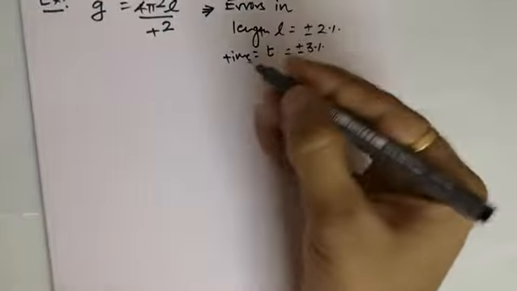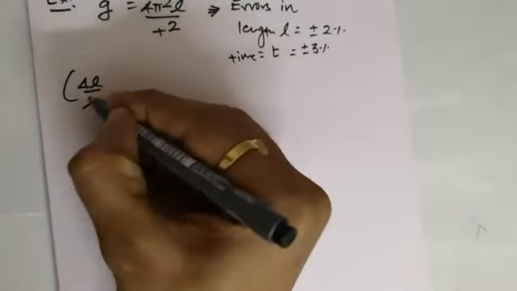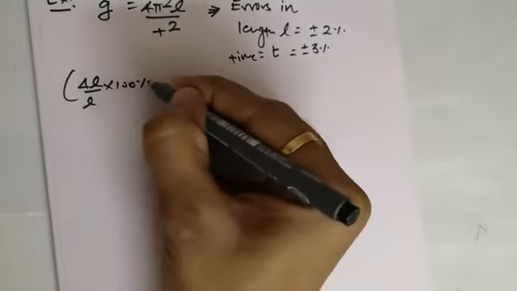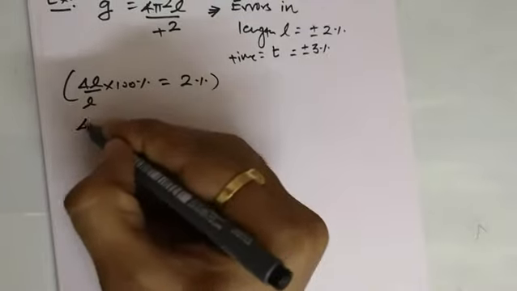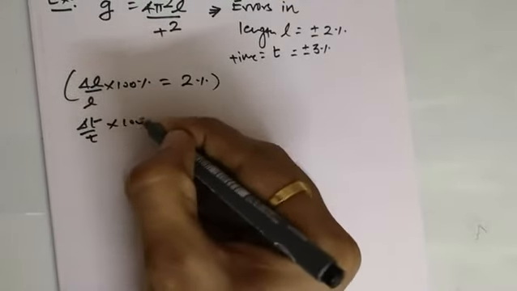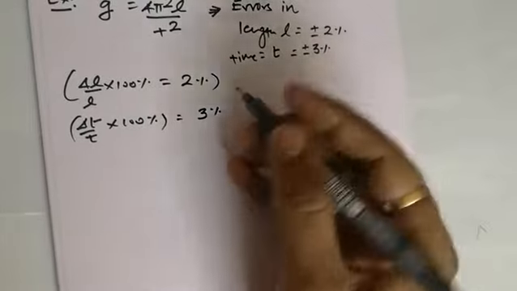Whenever percentage data is given to you, indirectly you have to consider that they are dealing with delta l by l multiplied by 100%. Directly they are giving you 2%. Delta t by t multiplied by 100% directly gives you the data, that is 3%.